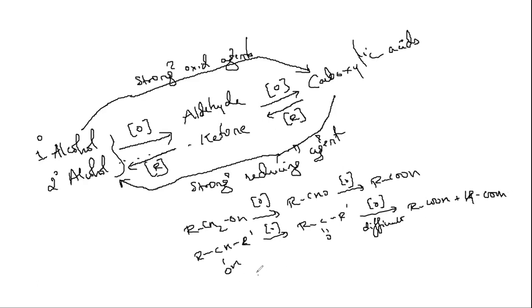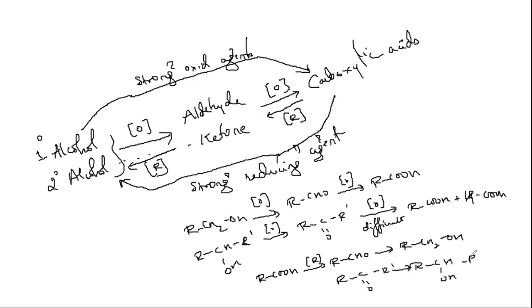Coming backwards, you have a carboxylic acid; carry out reduction with lithium aluminium hydride or sodium borohydride and get RCHO. Further reduction, you get RCH2OH. If you are getting a ketone here, C double bond O R dash, further reduction gives RCHOH R dash.